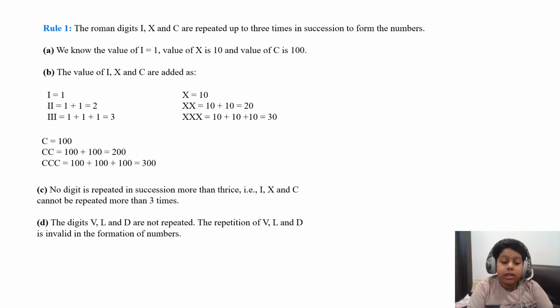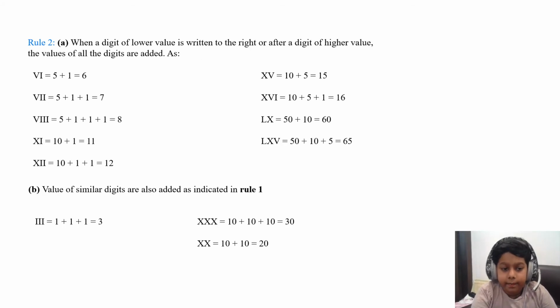C. No digit is repeated in succession more than thrice. I, X and C cannot be repeated more than 3 times. The digits V, L and D are not repeated. The repetition of V, L and D is invalid in the formation of numbers.